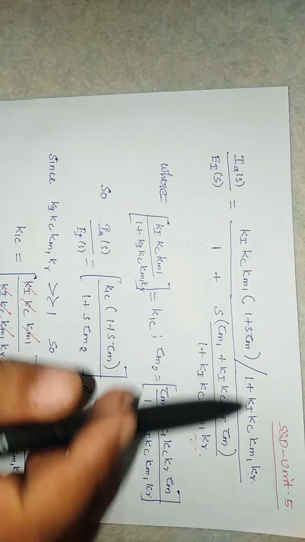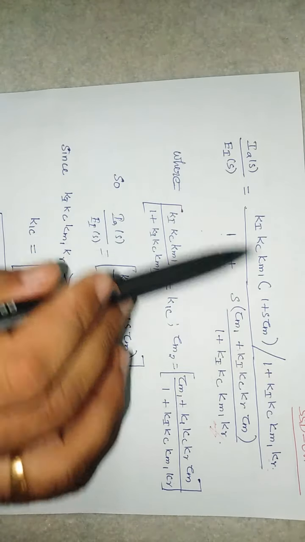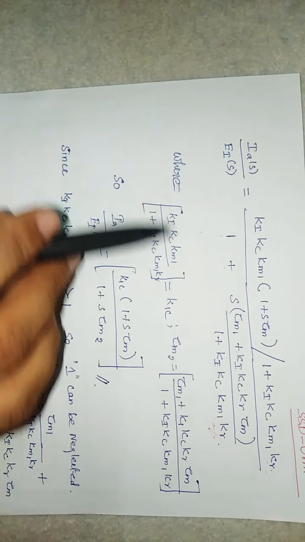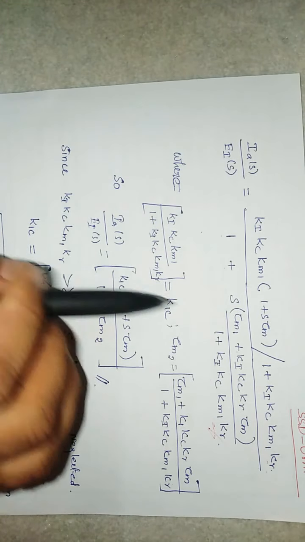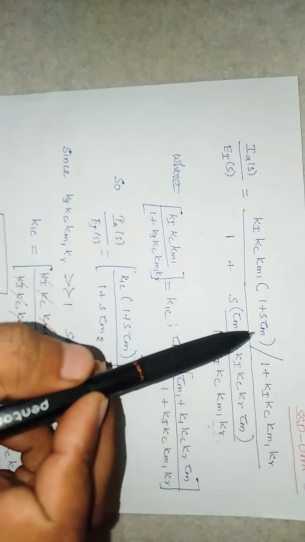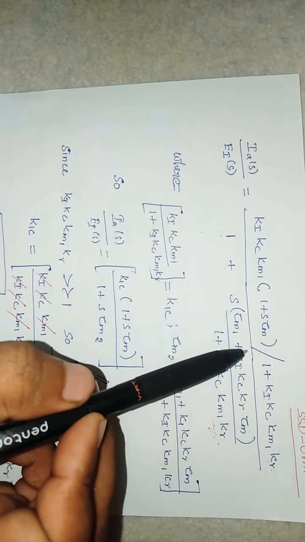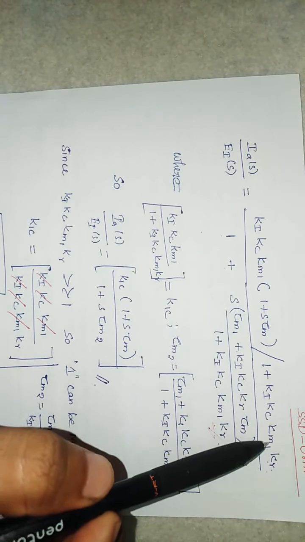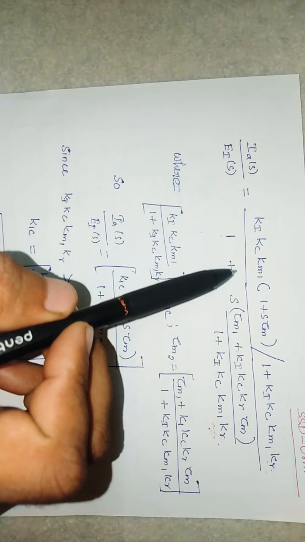In this above equation, just for the simplification, we can make in the numerator this Ki Kc Km1 divided by 1 plus Ki Kc Km1 Kr, because all the values are gains.